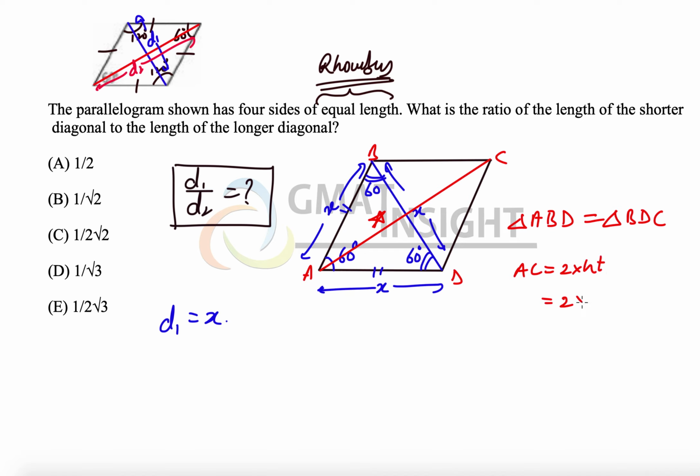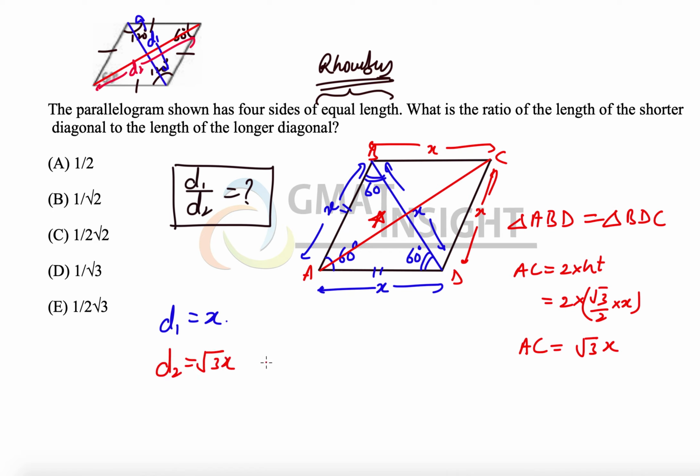The height of an equilateral triangle is given by root 3 by 2 of the side, and the side of this equilateral triangle we have assumed is x. Actually this BCD will also have the same sides x, so BCD is also an equilateral triangle, which means the length of AC is root 3 times x. That means we see that D2 is root 3 times x, which means the D1 upon D2 that we needed to find out will be equal to 1 over the square root of 3, and the answer is option D.